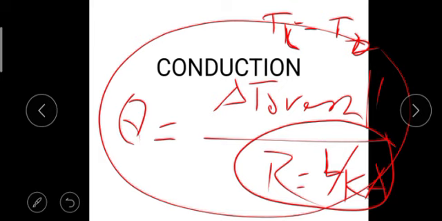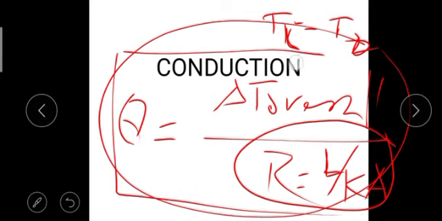K has a unit of watt per meter Kelvin. L, the thickness, is also in meters. So now you can say this is the main formula to find the heat transfer: Q equals delta T overall divided by R.